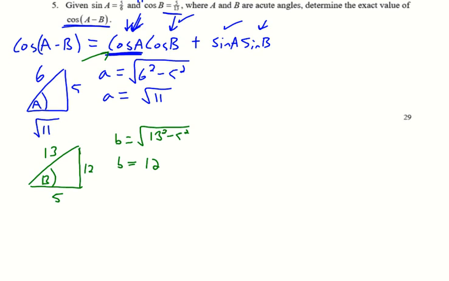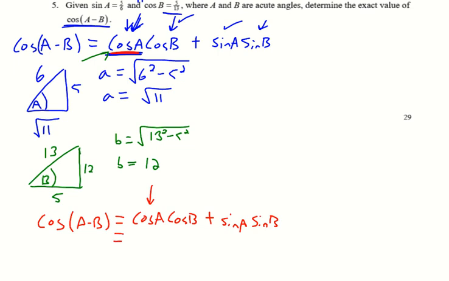We've got cos of A minus B is equal to, I'll write it all out again, cos A cos B plus sine A sine B. Like I said, we know what each of those 4 things is now, so we can just write it all in.